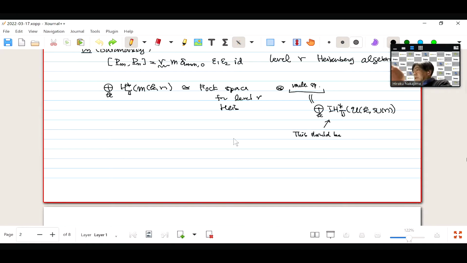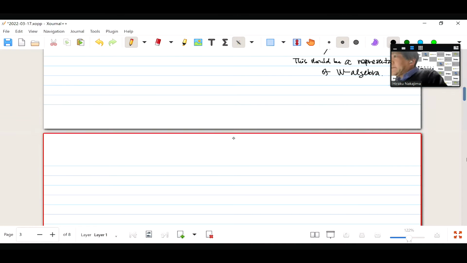I mentioned that this should be a representation. So we want to show this statement. And in fact, there are two approaches.